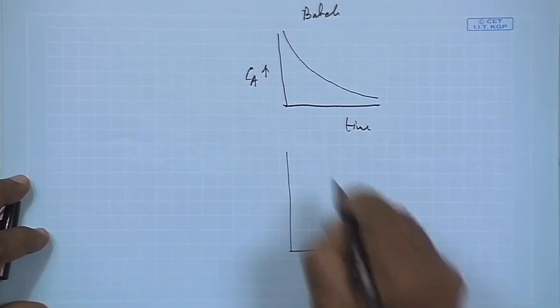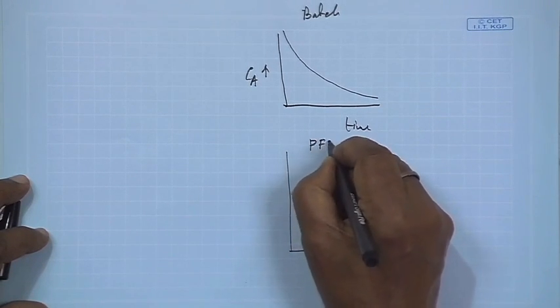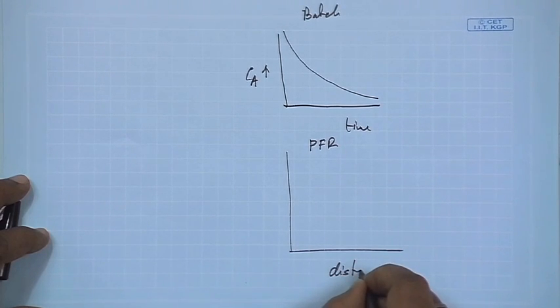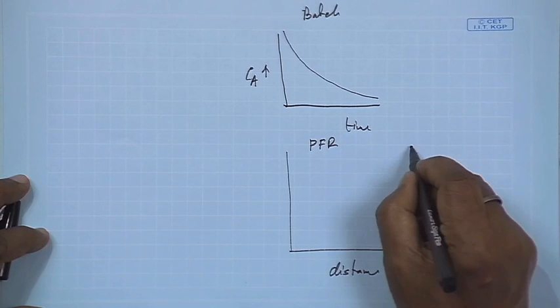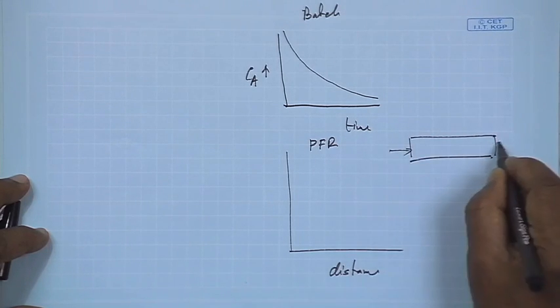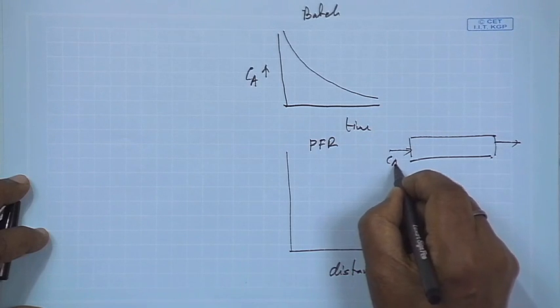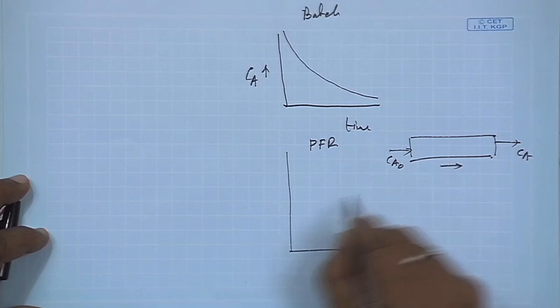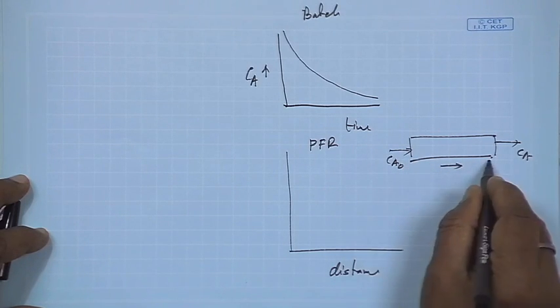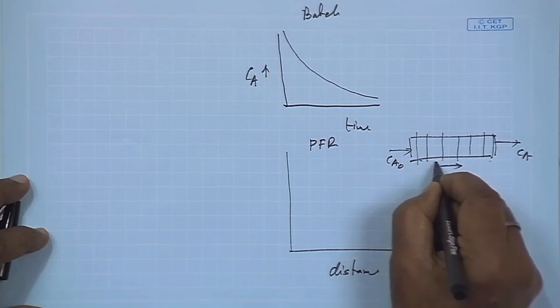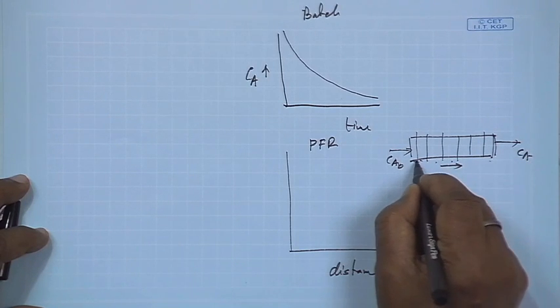Now in the case of the plug flow reactor, this is distance, because the liquid is flowing from one end to the other. This is CA0 and this is CA. It is flowing in this direction, with respect to distance. So you can take samples at different locations, and the CA value will be different.